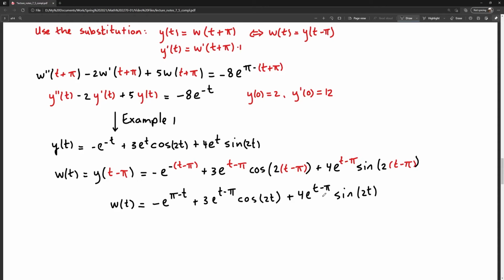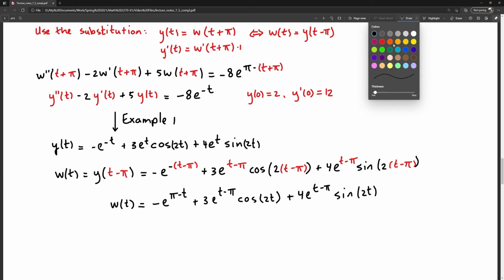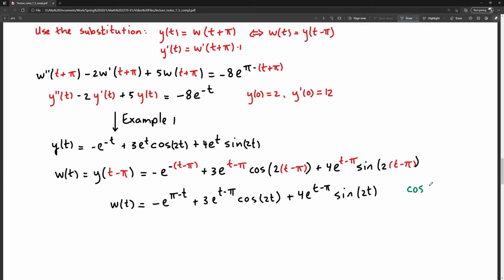So the same argument here. So let me write down what I did there on the side. So cosine of 2t minus 2 pi is just cosine of 2t, and sine of 2t minus 2 pi simplifies to just sine of 2t.